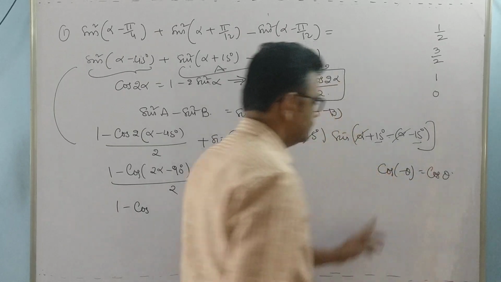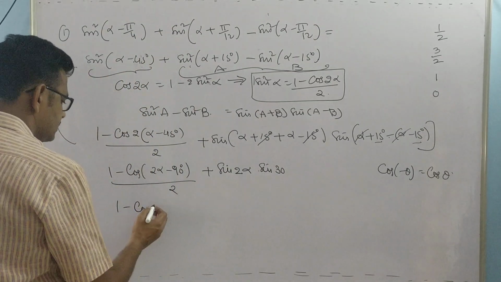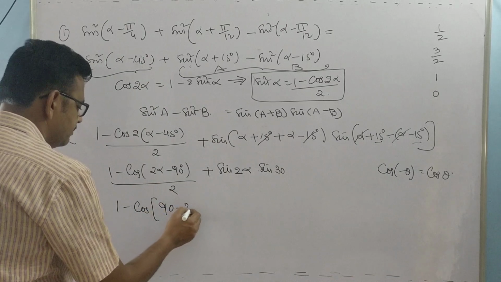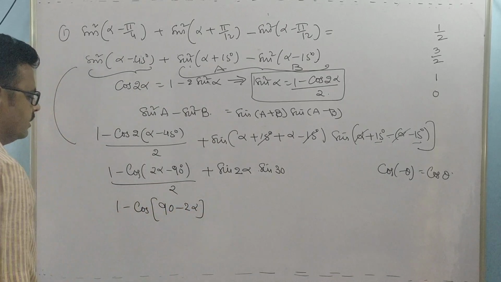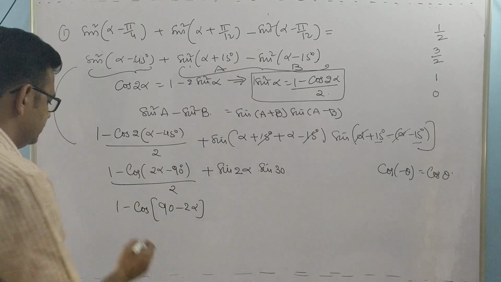Cos of minus theta is cos theta. If minus is taken common, you can write cos of (90 minus 2 alpha) by 2.